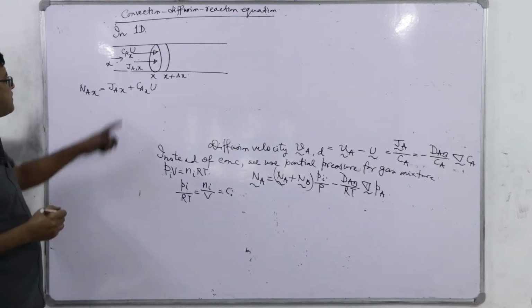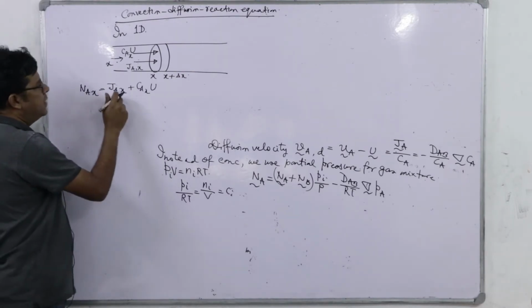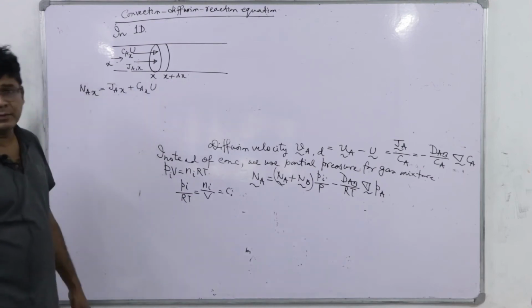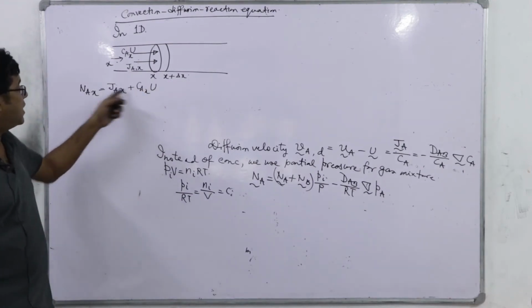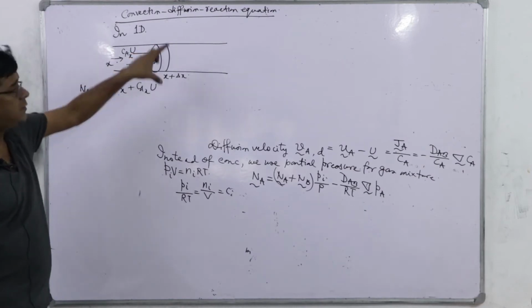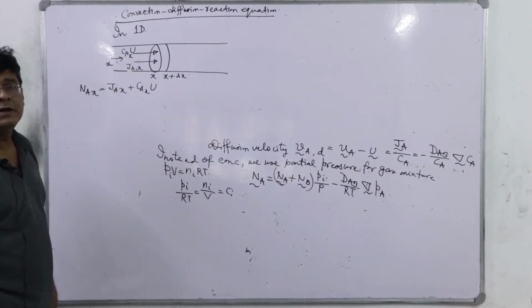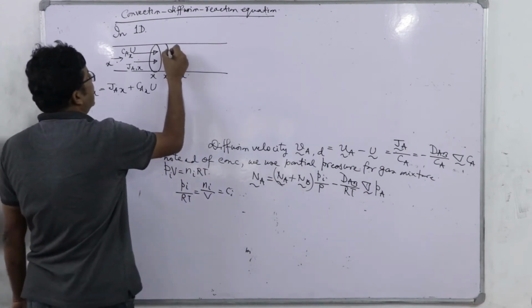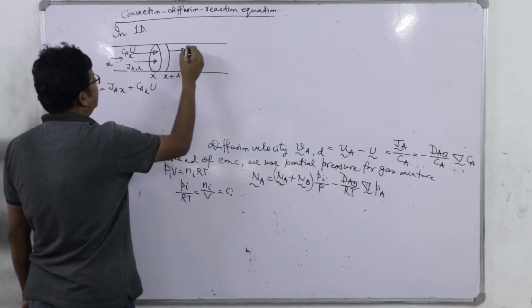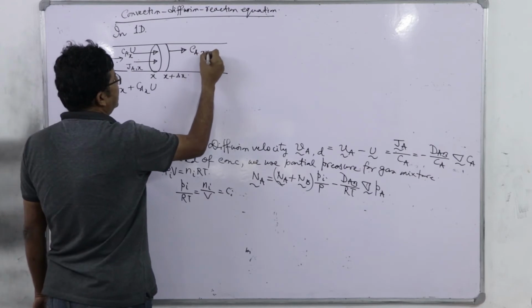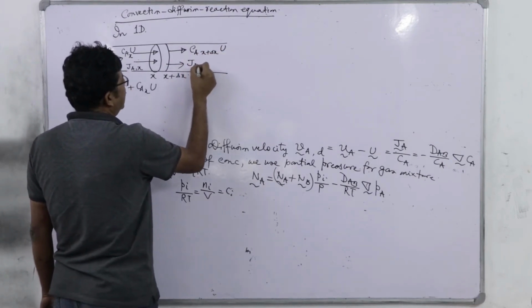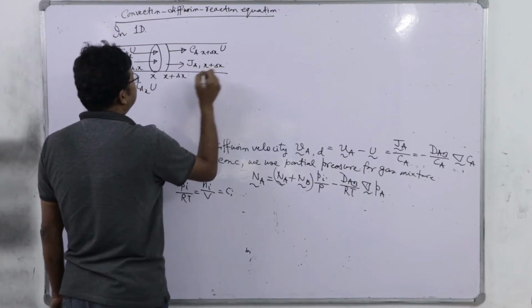Because this and this, if you write this and check the equation previously what we have written, we will get the same equation. So, basically we are trying to write the molar flux with respect to a static reference frame. So, on this other side at x plus delta x, we have Ca x plus delta x into U, we have J of A x plus delta x.